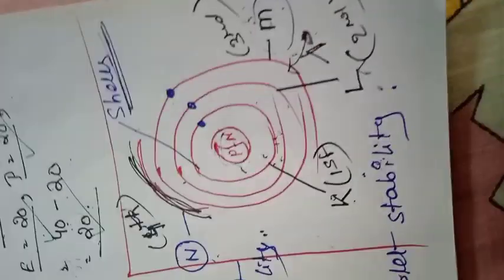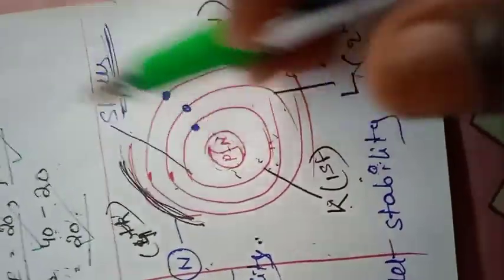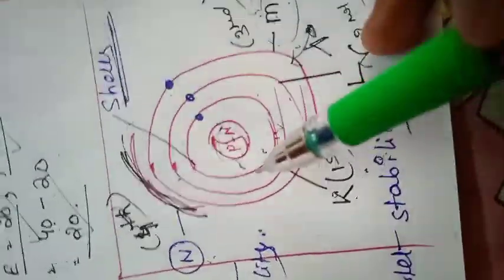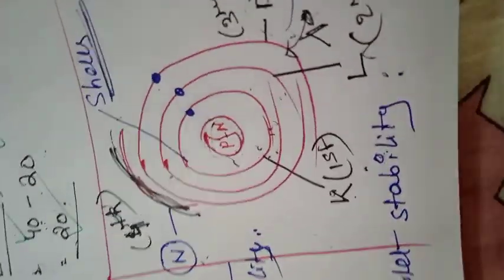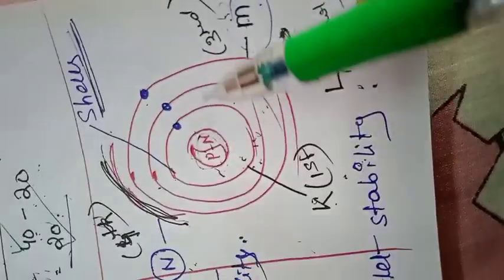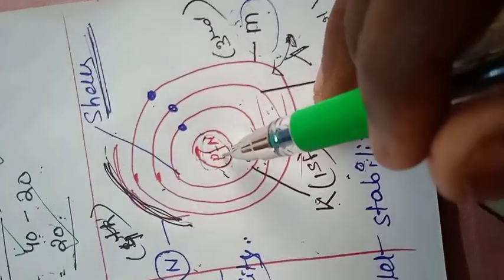Now let us come to electronic configuration. It's a very rough diagram. When we are talking about an atom, it has a nucleus at the center. This is my nucleus.